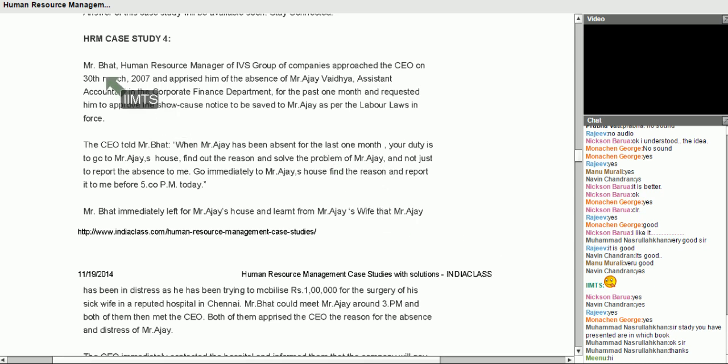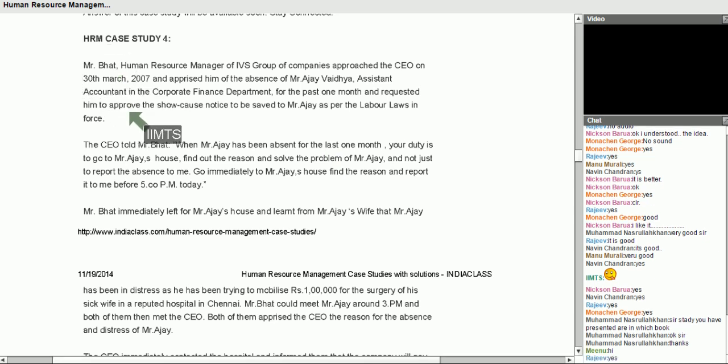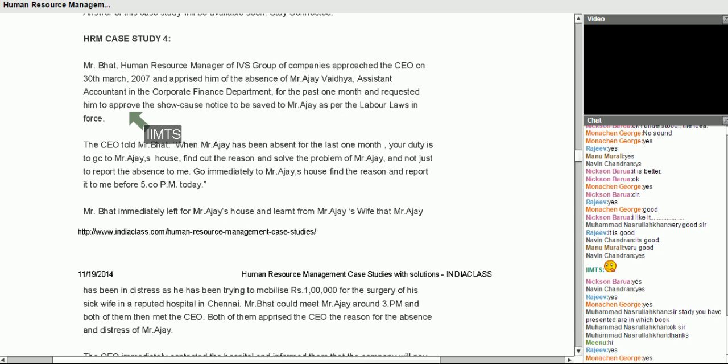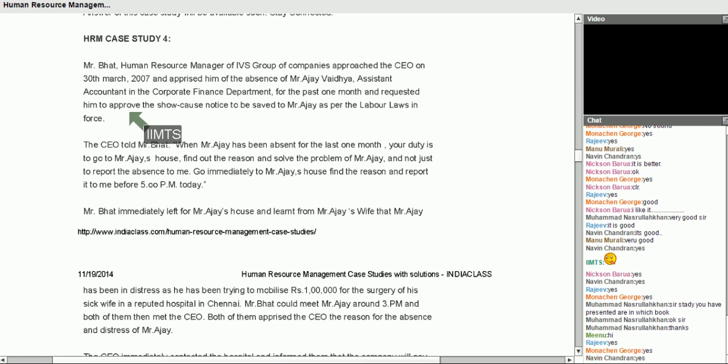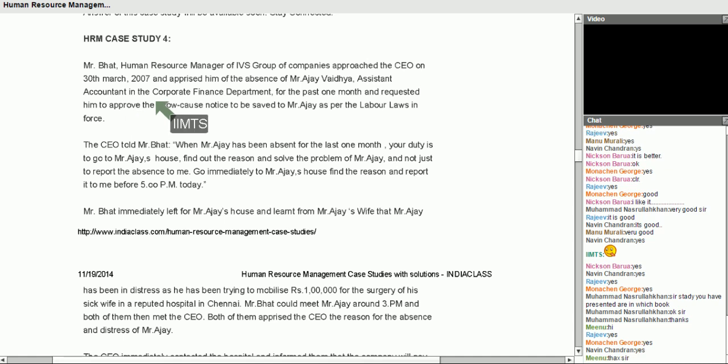Have all of you understood this first paragraph? Rajiv says yes. What about others? Mawachin says yes. Naveen says yes. Okay.